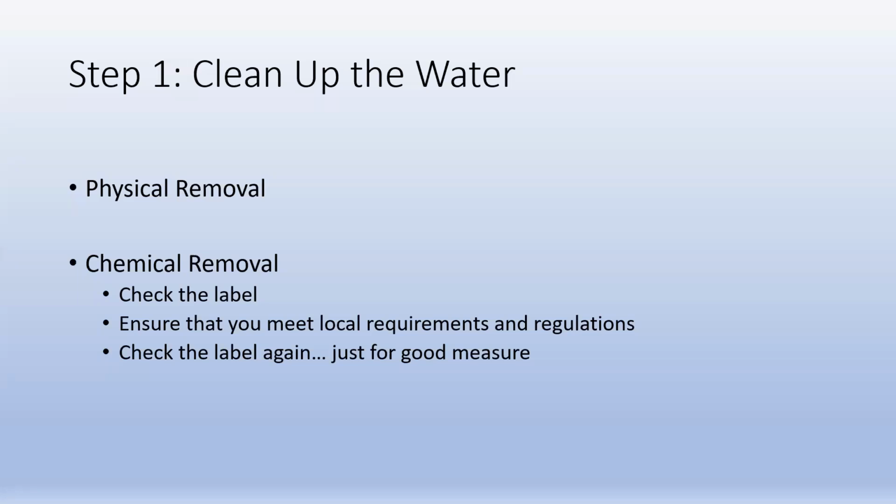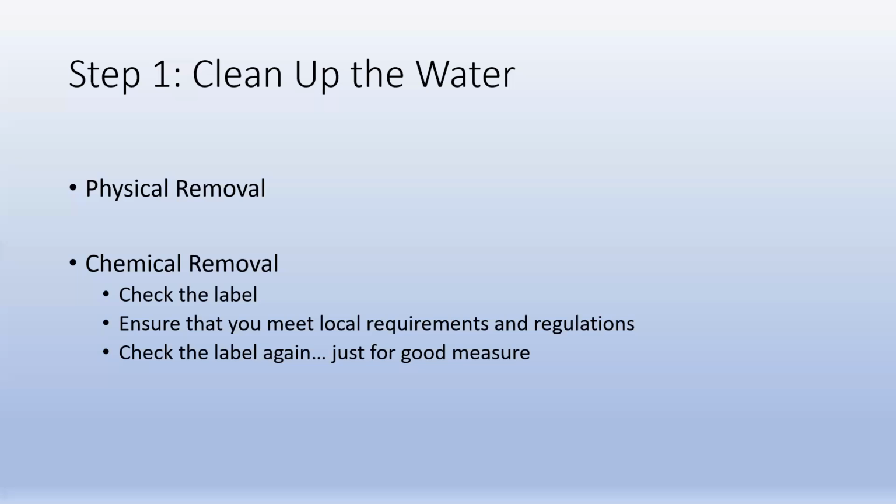Now, there are also removal options with chemicals. Myself, I have not sprayed algaecides or done any aquatic spraying. So what I'm going to emphasize most importantly is check the label. If you're going to use these chemicals, check that label and ensure that you meet whatever local requirements and regulations are in play for you.